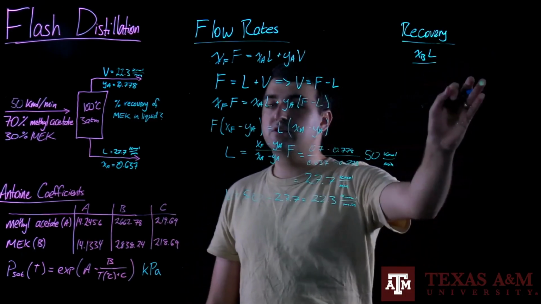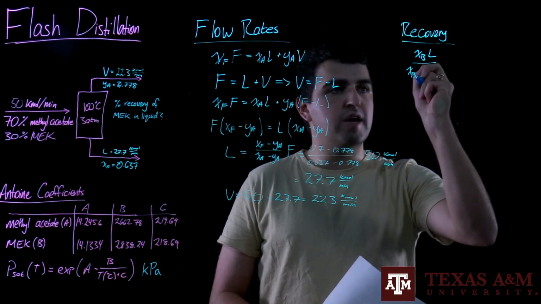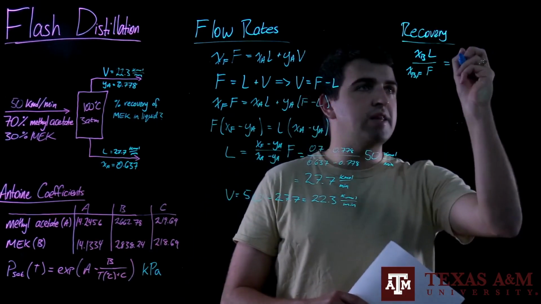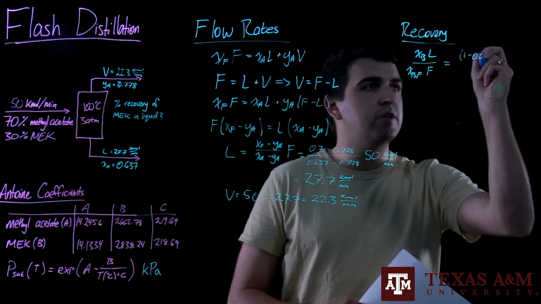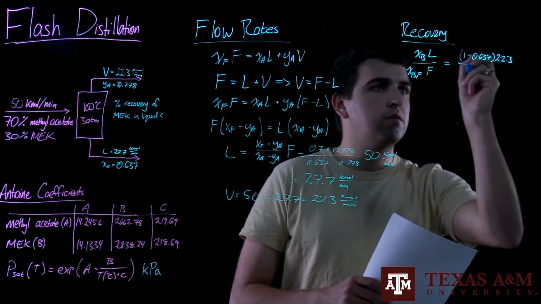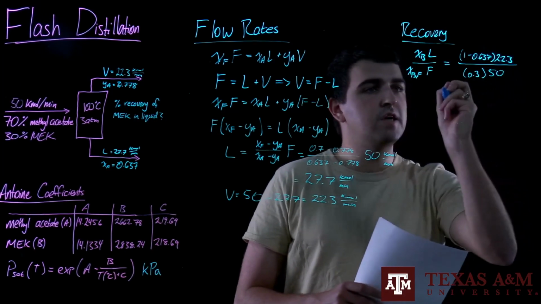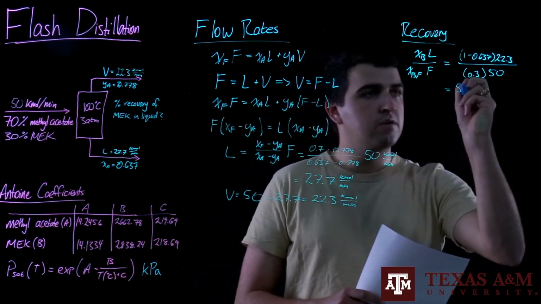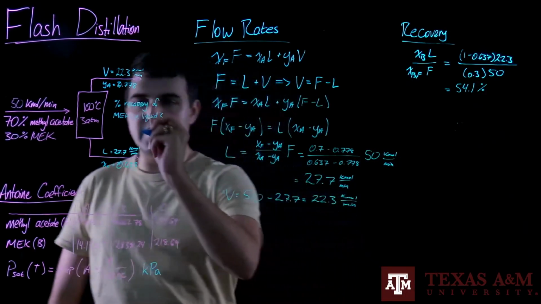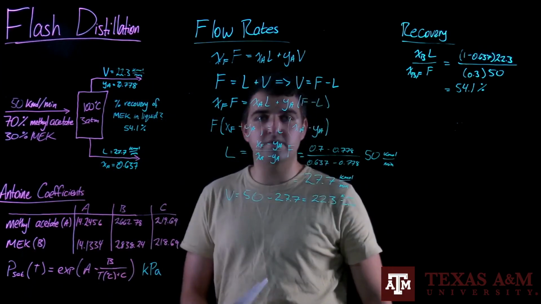This is the total in our liquid phase over our total amount, which is XB flow times F. And so we can write this out as 1 minus 0.637 over 22.3 over 0.350. Plugging this into a calculator gives 54.1%, giving us the last thing that we needed to solve for.